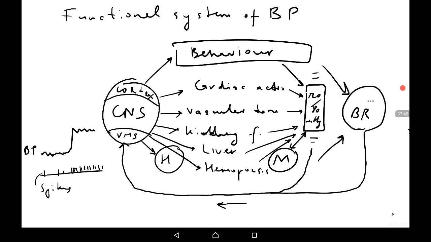We know it because, for example, if a person has a high blood pressure, he may relax, or if hypertension disease has developed, he may take drugs, for example, that block angiotensin converting enzyme. So it's behavioral regulation. And vice versa, if the blood pressure is low and the person feels dizziness when he stands up, he may drink coffee, for example, to increase blood pressure. So behavior may also attenuate the blood pressure.